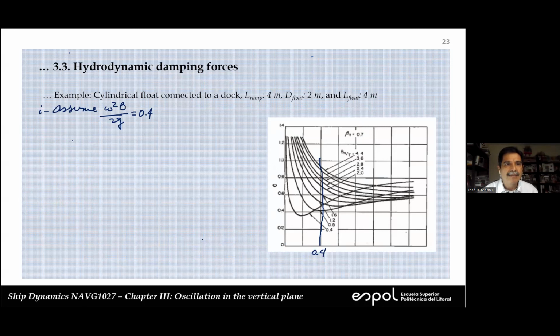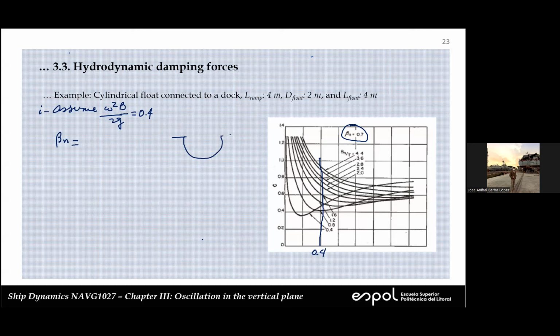So beta n. Mr. Barba, do you remember what beta n was equal to? What's the area in this case?